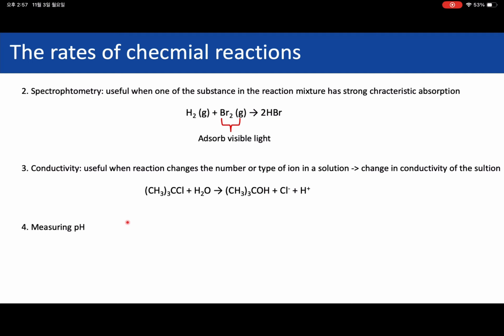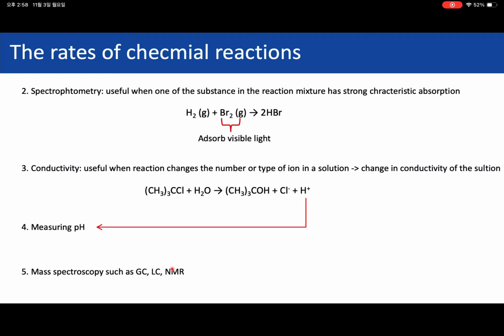Another way is measuring the pH. For example, in this reaction we have some hydrogen ions in the product, so it will change the pH of the system as well. So by measuring the conductivity or the pH of this solution, we can estimate the concentration of hydrogen ions with respect to time and get information on the reaction speed.